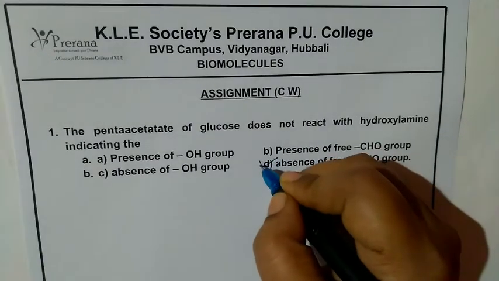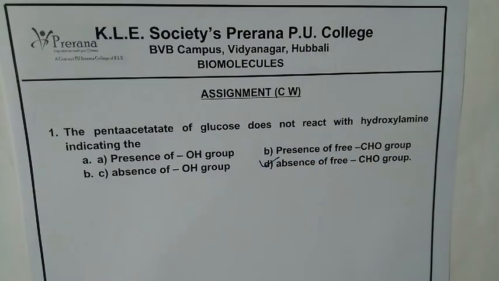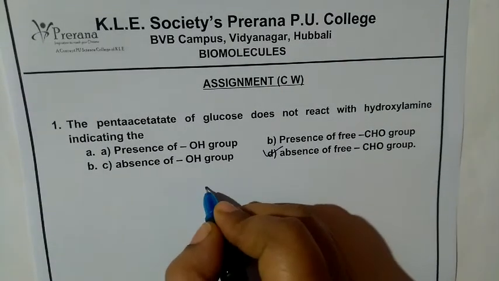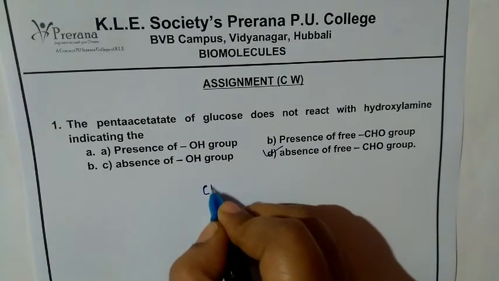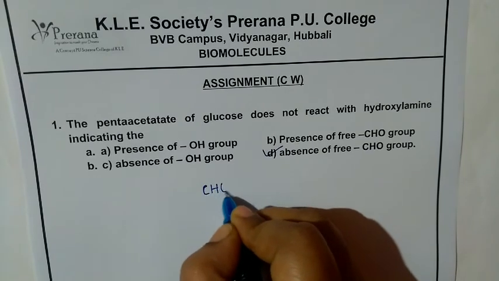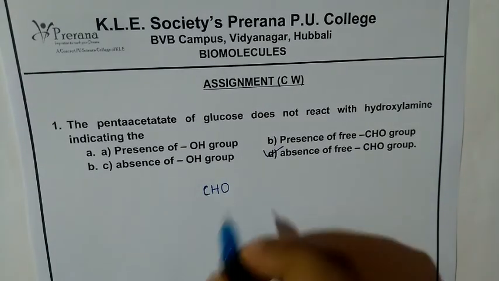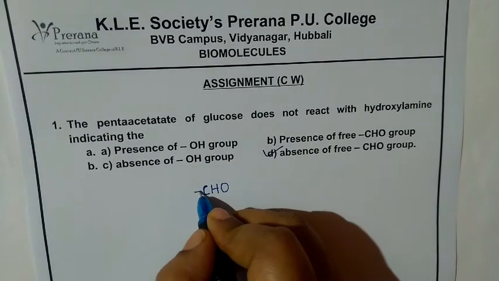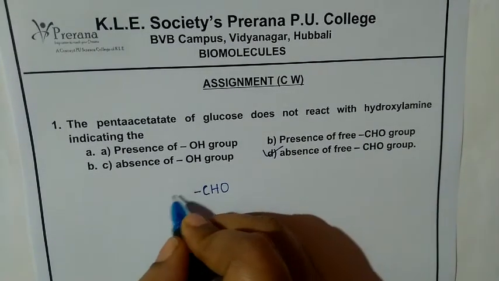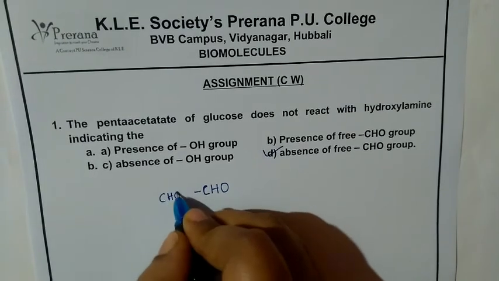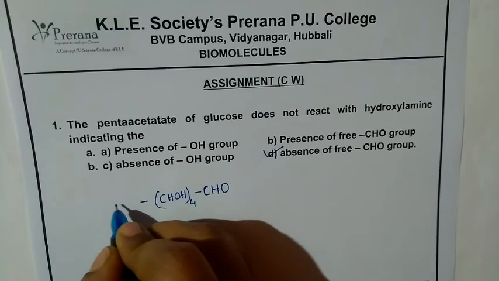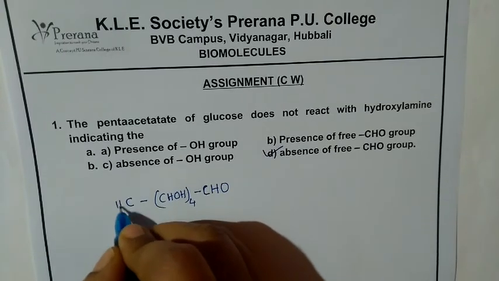But how that reaction happens, I'll show you once again. Observe here, this is our reaction. I'm writing the reaction for glucose. This is the CHO group, then CHOH 4 times, and CH2OH.